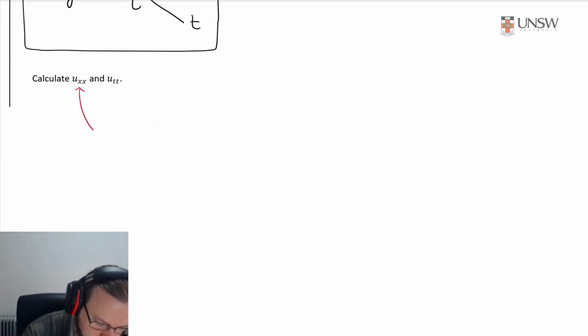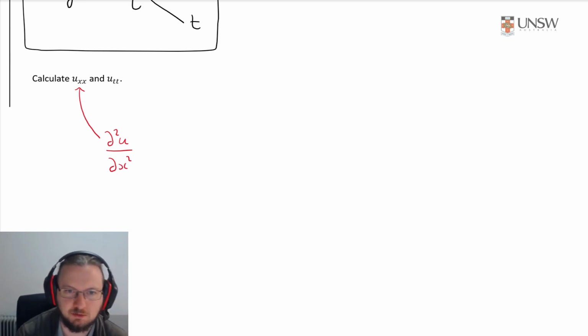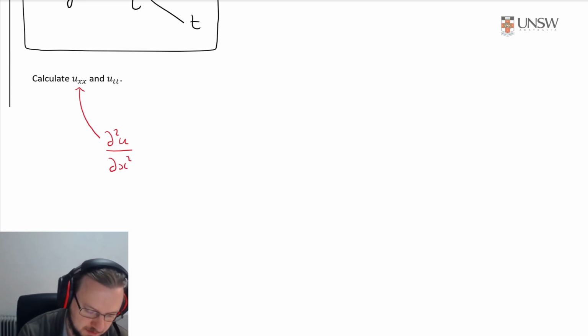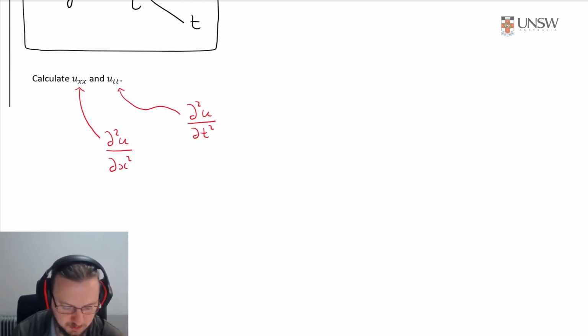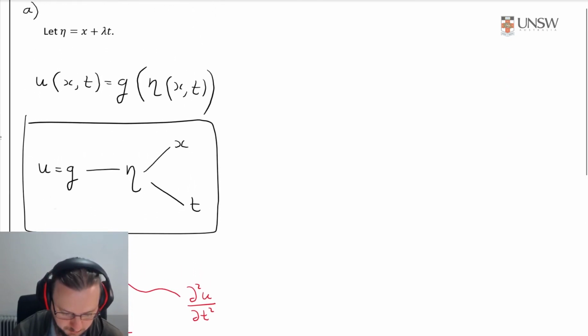They're really convenient ways to write down the partial derivatives, where u subscript xx is the second partial derivative with respect to x, and u subscript tt is the second partial derivative with respect to t.